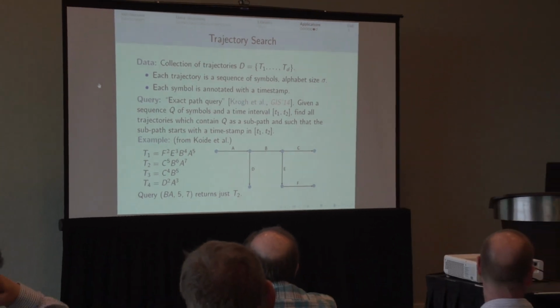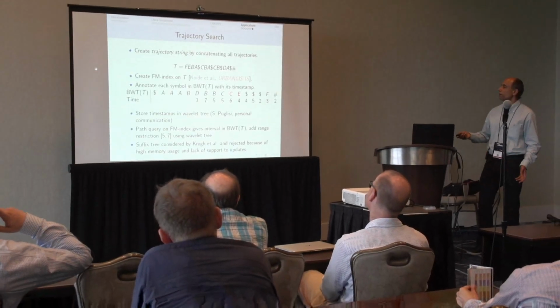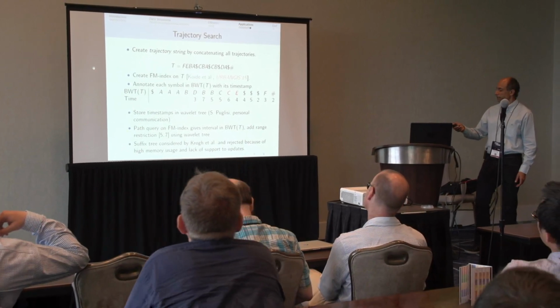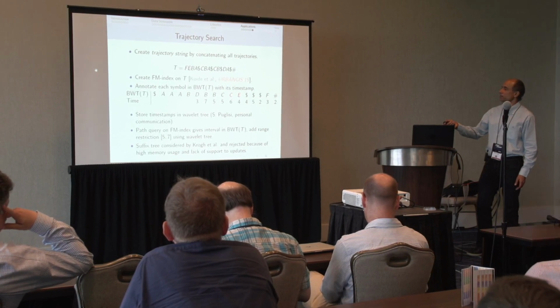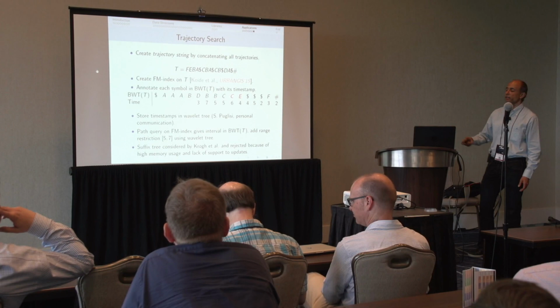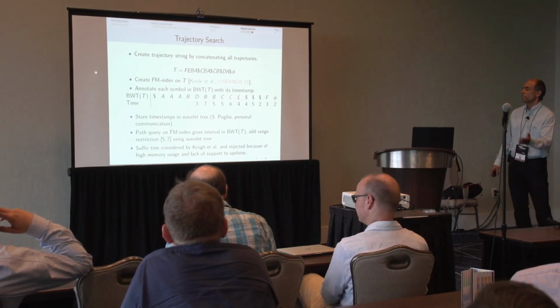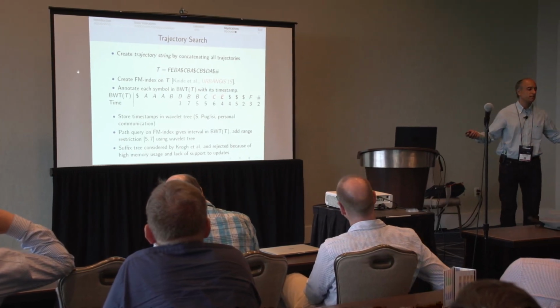So how do we do this? It's pretty straightforward. All you do is create this big trajectory string by concatenating all the trajectories. The standard trick is to put in a little extra symbol to separate the trajectories. Then you create an FM index.